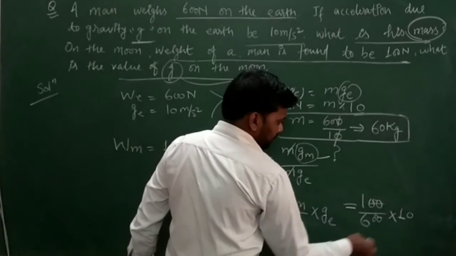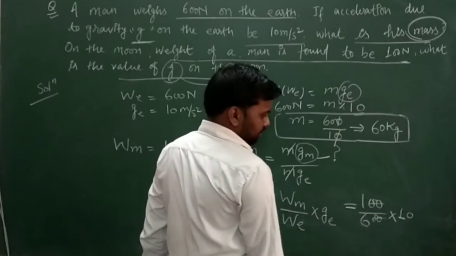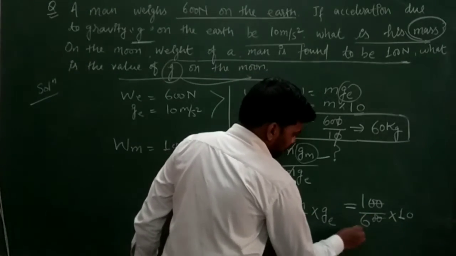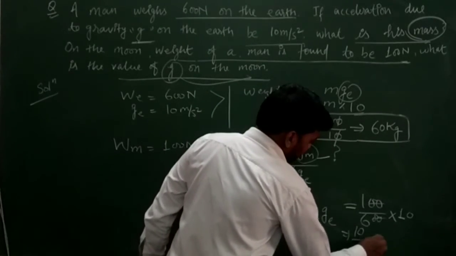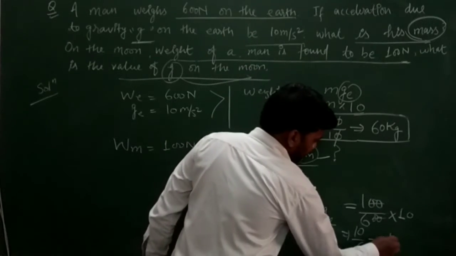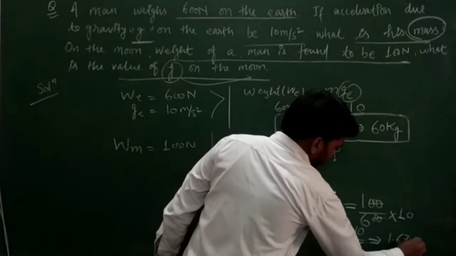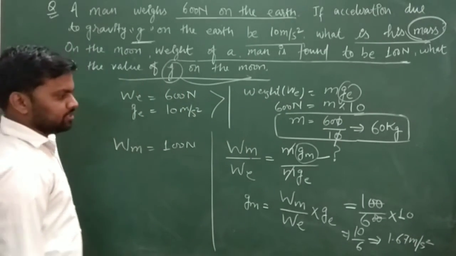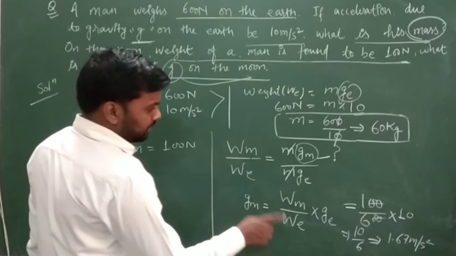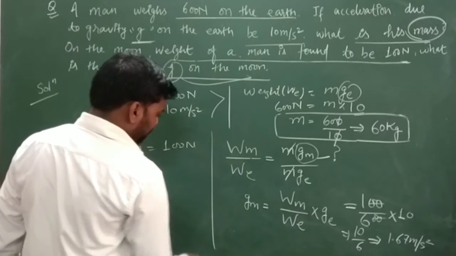So we can cancel both the zeros and here we will have 10 upon 6 and we will get the value of 1.67 meter per second square. So it is the acceleration due to gravity on the surface of the moon.